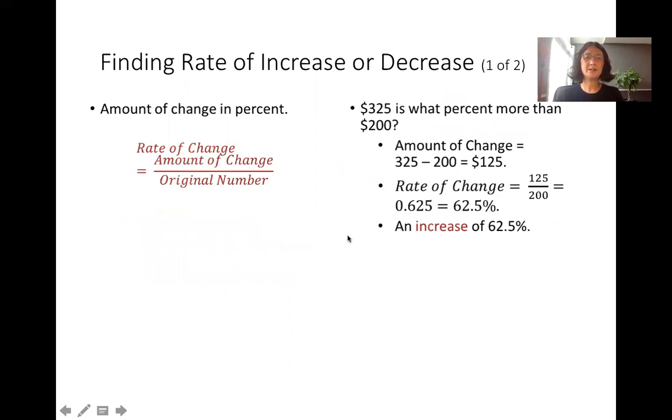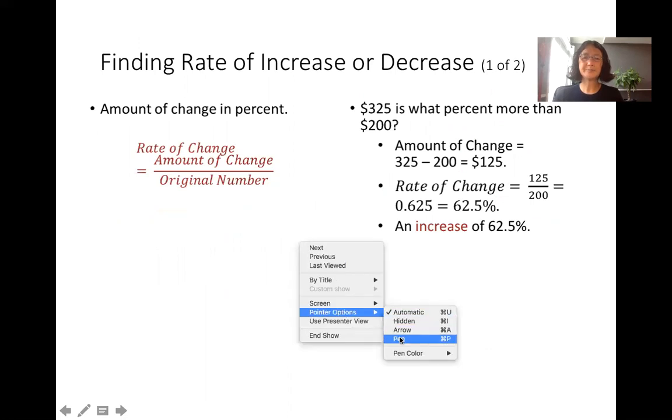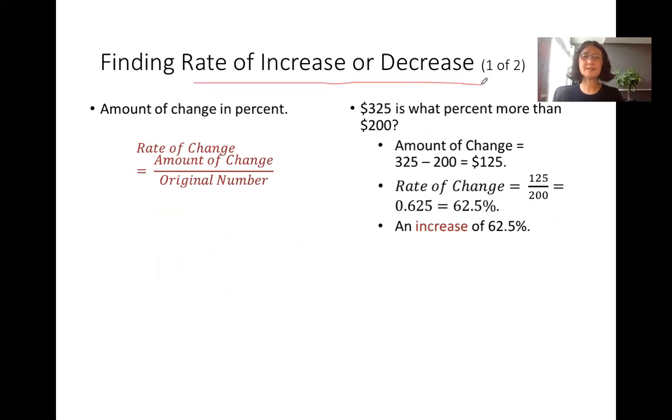So this is finding the rate of increase or decrease. Question: $325 is what percent more than $200? So we use this formula, rate of change. In the numerator, you have the amount of change, that is $325 minus $200, $125.